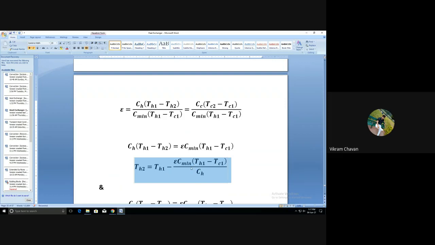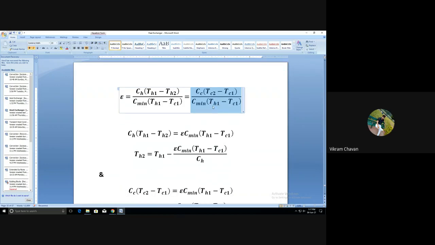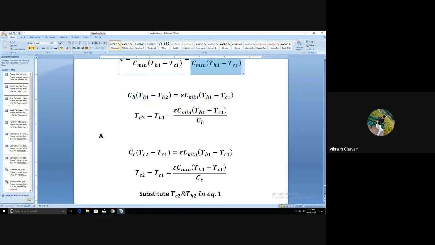Similarly, if you consider the second part of the equation, that is η equal to Cc multiplied by Tc2 minus Tc1 whole divided by Cmin inside bracket Th1 minus Tc1, then we can write Cc multiplied by inside bracket Tc2 minus Tc1 equal to effectiveness multiplied by Cmin inside bracket Th1 minus Tc1.